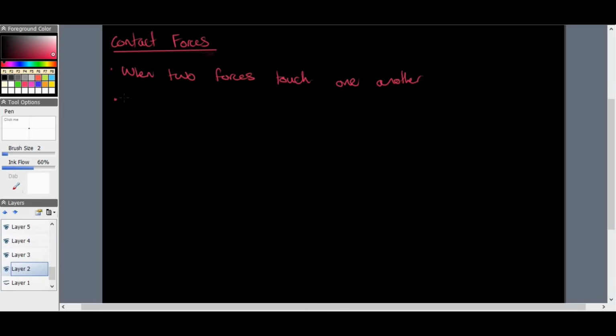These forces will include push and pull, as often happens between two children, for example, two children pulling a rope.